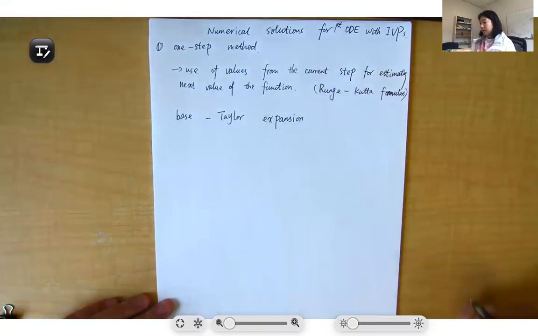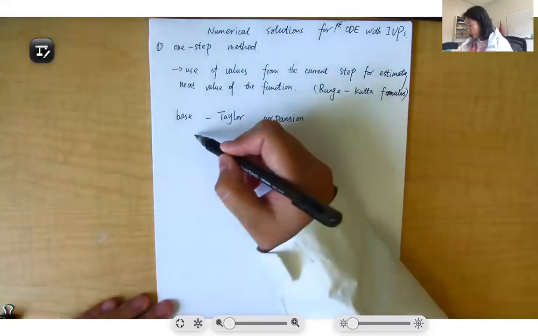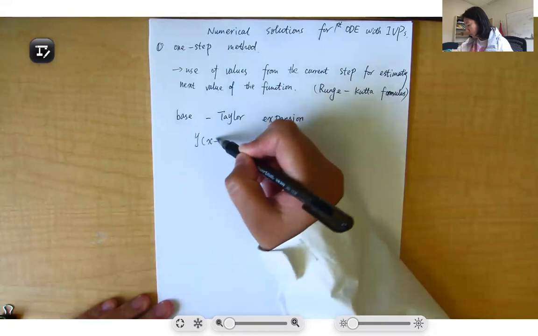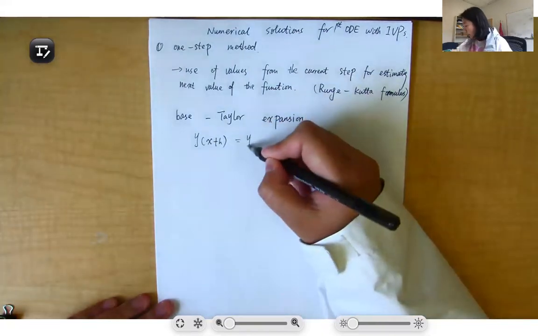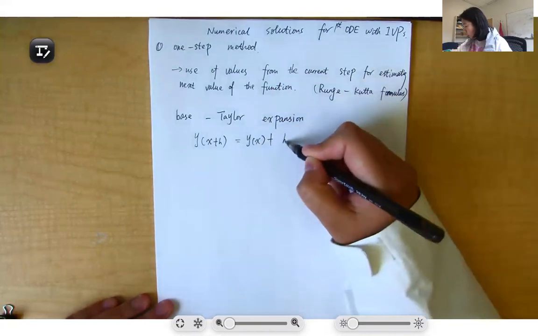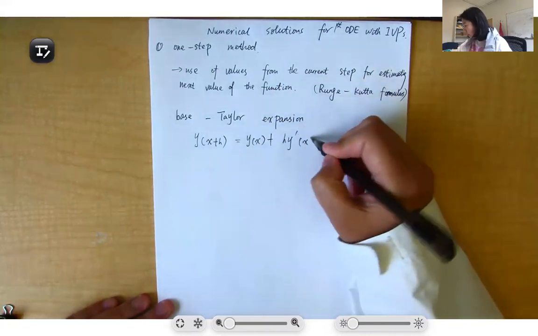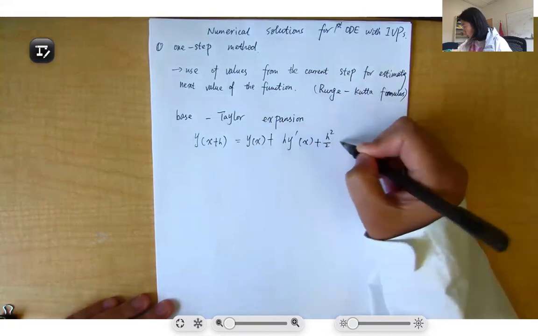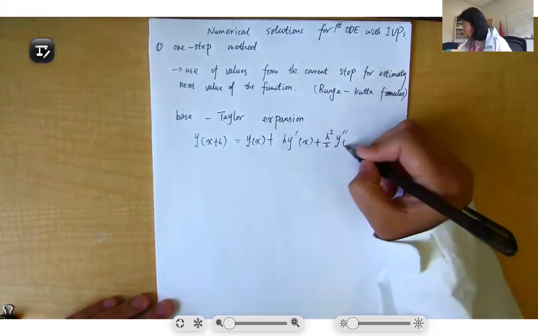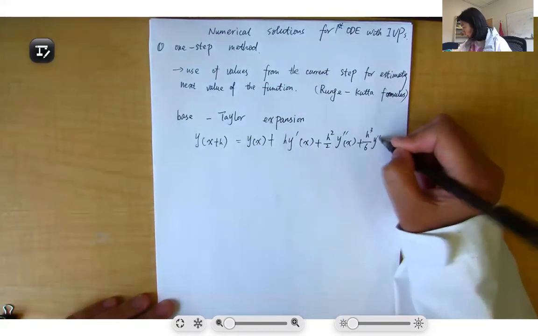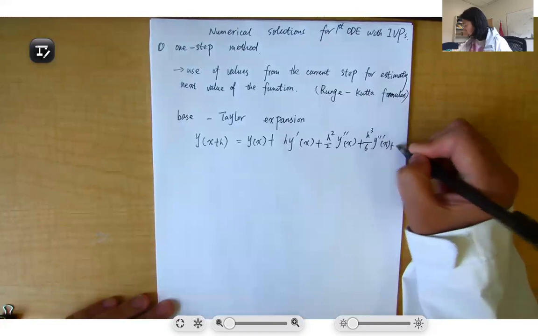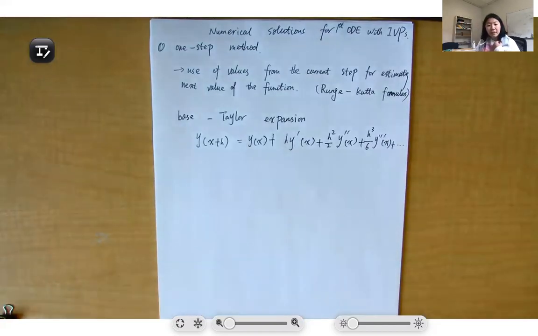Okay, and for this Taylor expansion, you know that y(x+h), where h is the step size, will be equal to y(x) plus h y'(x) plus h squared over 2 y''(x) plus h cubed divided by 6 y'''(x) plus dot dot dot. So that is the Taylor expansion, and that is the base for the one-step method.